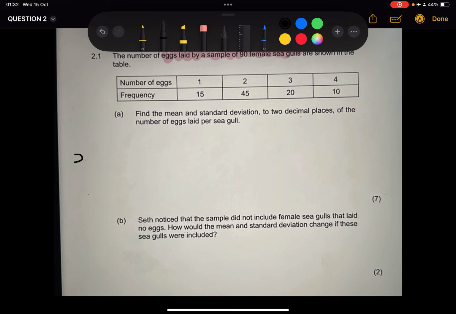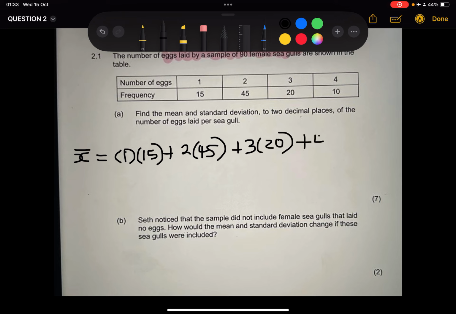I'm going to say x bar, or the mean, or average, is going to be, remember it's a simple mean, 1 by 15 plus 2 by 45 plus 3 by 20 plus 4 by 10. And we divide by the total frequency, which is 90.